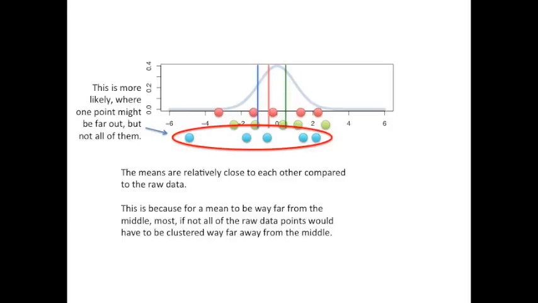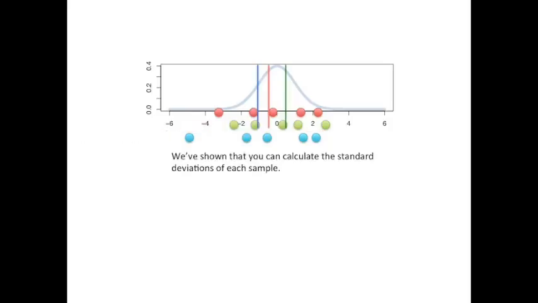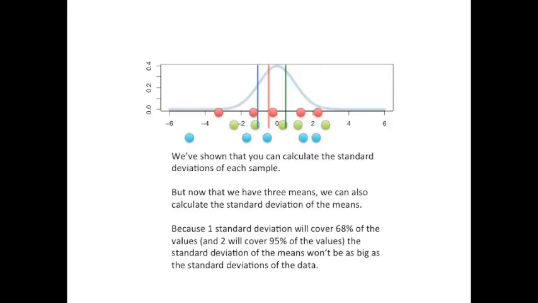So far, we've shown that you can calculate the standard deviations for each sample. But now that we have 3 means, we can also calculate the standard deviation of those means. Because one standard deviation will cover 68% of the values, and 2 will cover 95% of the values, the standard deviation of the means won't be as wide as the standard deviations of the data.